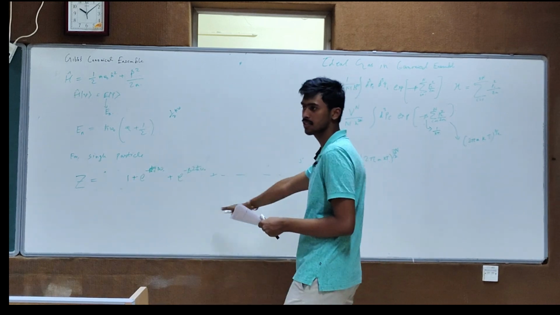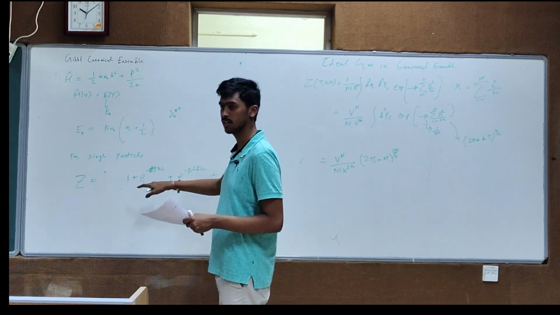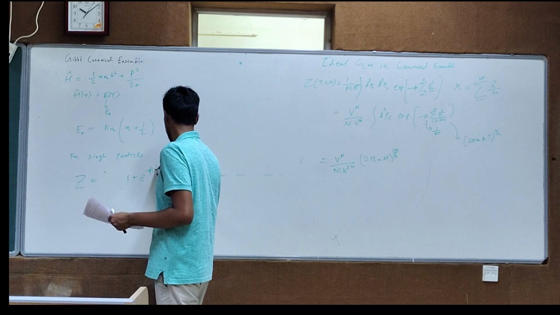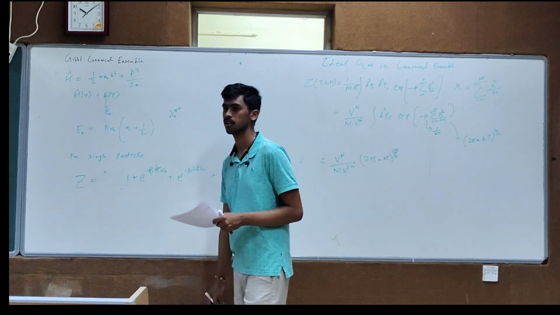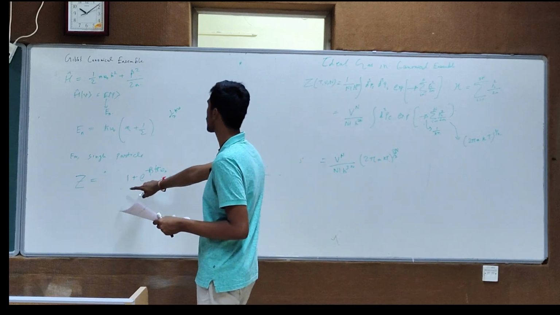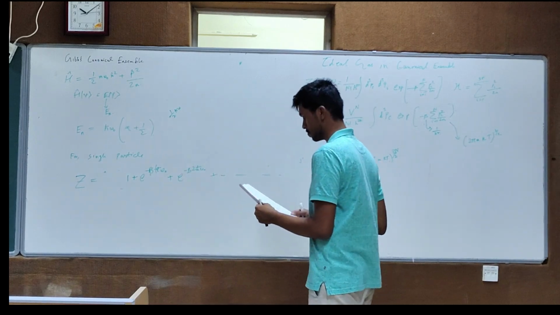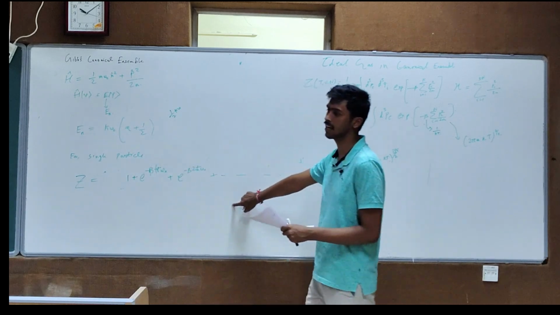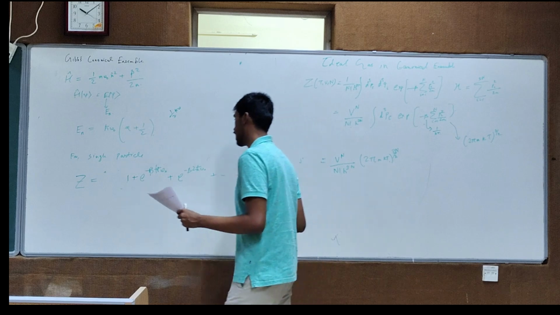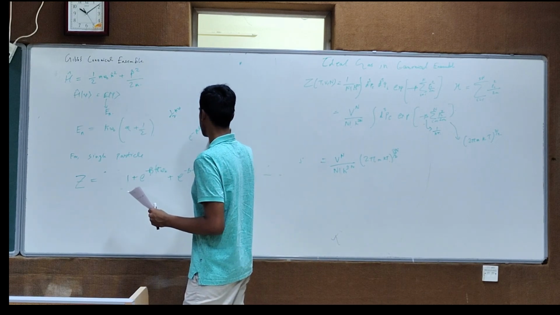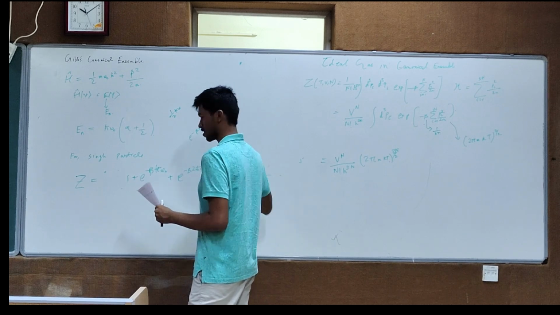Is this fine? This is beta. So I'm just summing over the exponentials using the formula for partition function. And if you see this, this is a GP series, and e power minus beta h cross omega is less than 1.